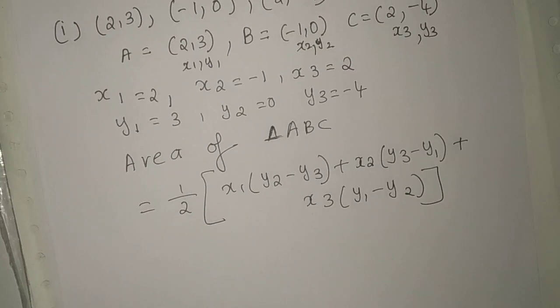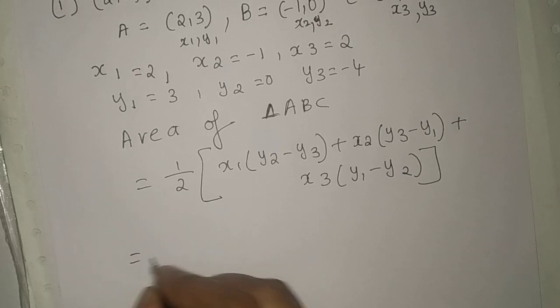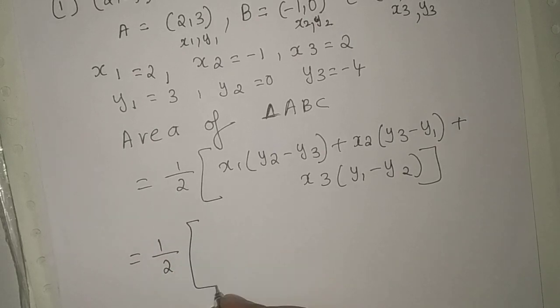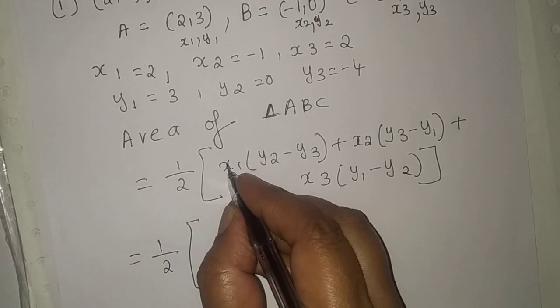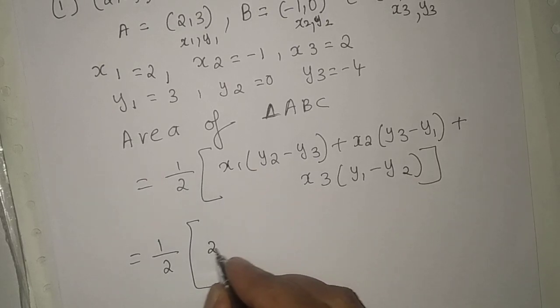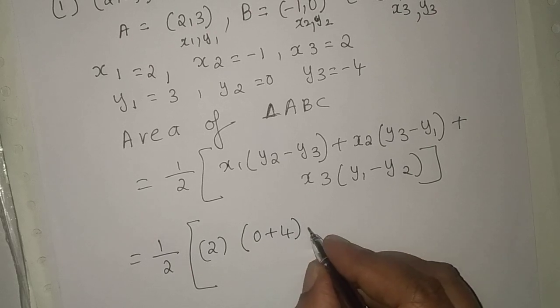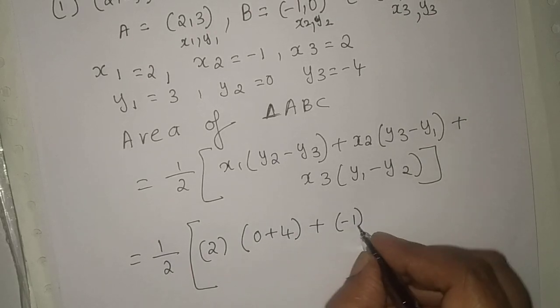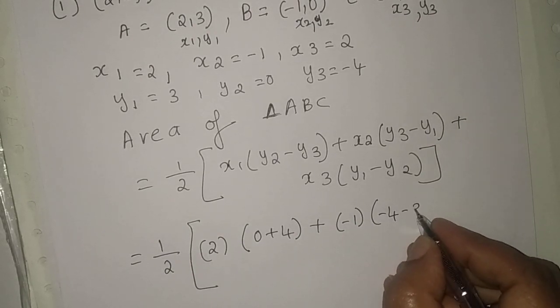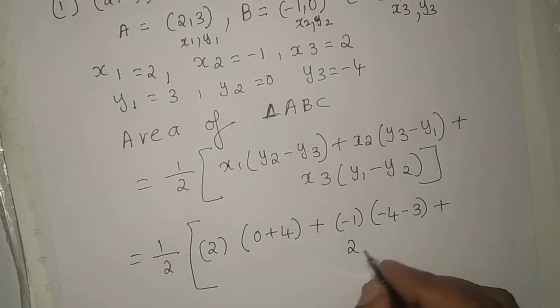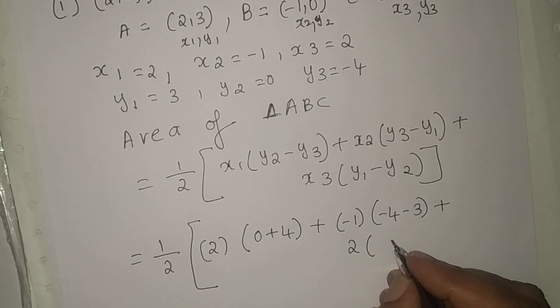Now substitute all the values here. So therefore 1/2 into, we'll substitute the values: 2 into (0 plus 4) plus -1 into (-4 minus 3) plus 2 into (3 minus 0).